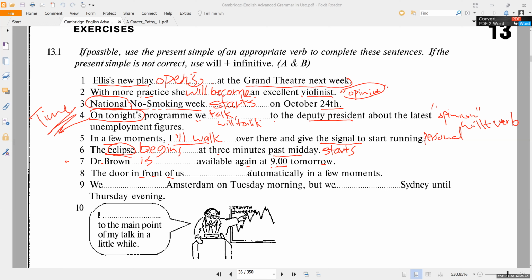The door in front of us أمامنا الباب الذي أمامنا automatically in a few moments حيفتح أوتوماتيكيا في عدة لحظات. فحنقدر هنا باعتبار نتكلم عن إحنا رأينا واقفين نتفرج حنقول will open سوف يفتح automatically. We Amsterdam on Tuesday morning but we Sydney until Thursday evening.